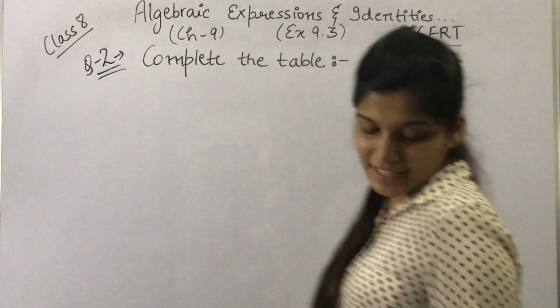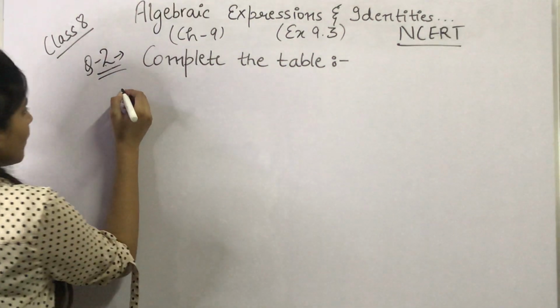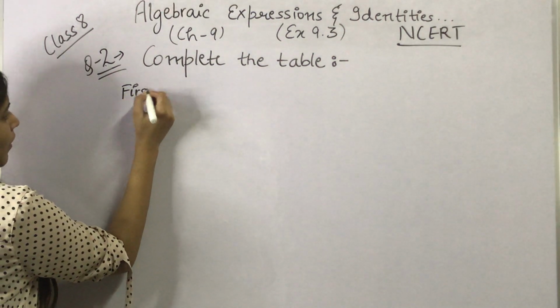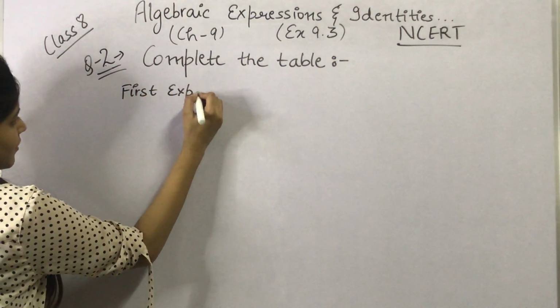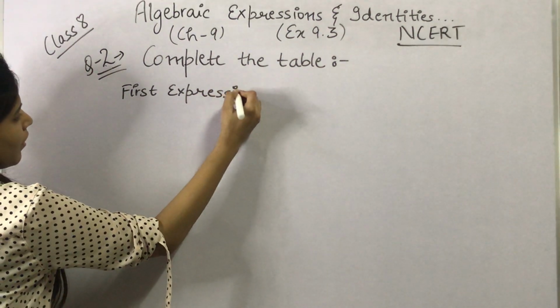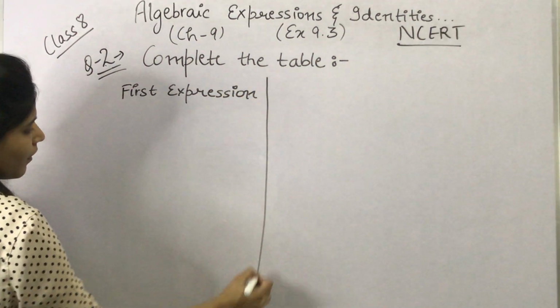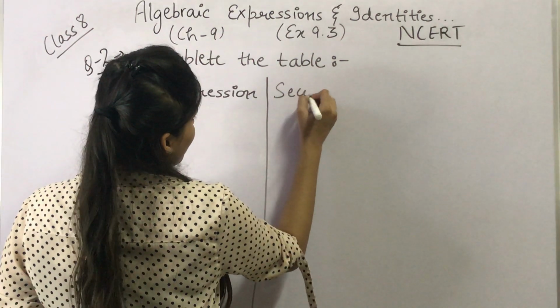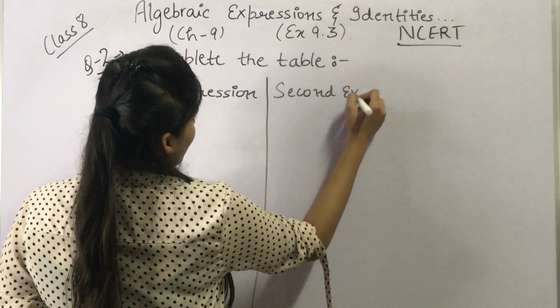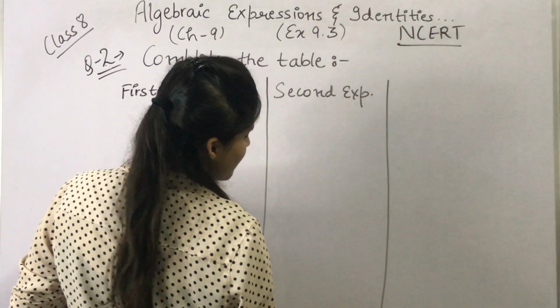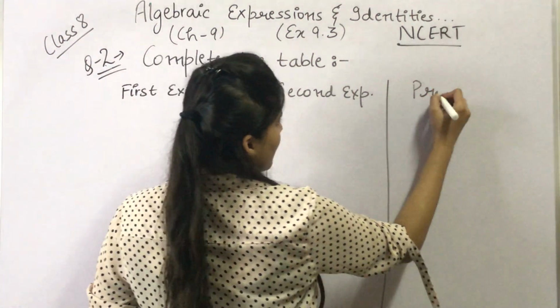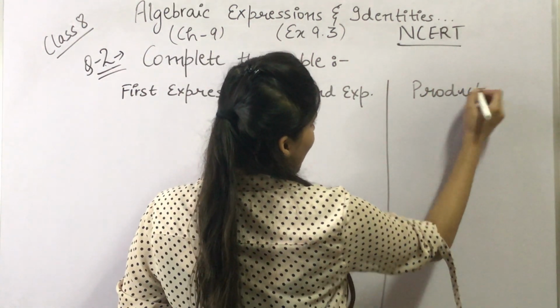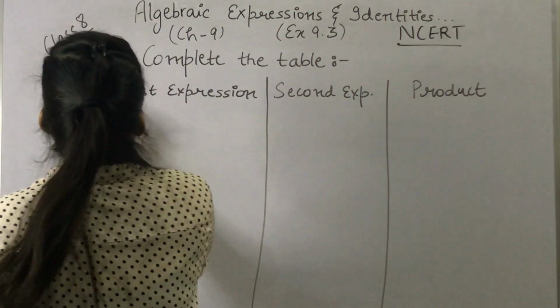So let's make the table. First expression, second expression, and last we have product.